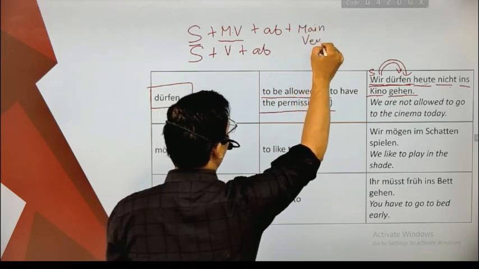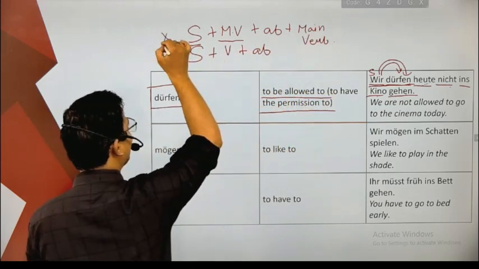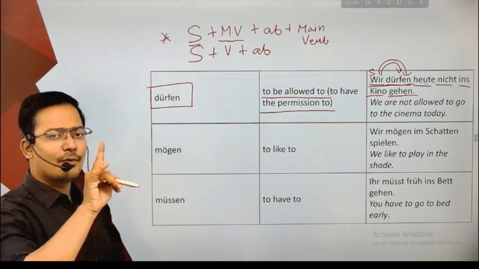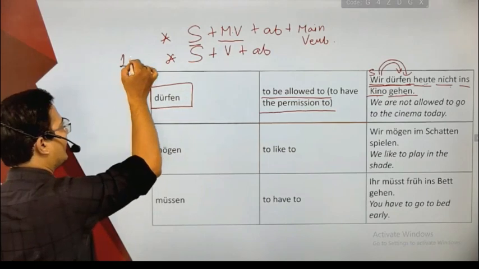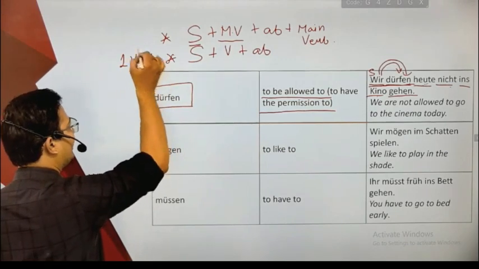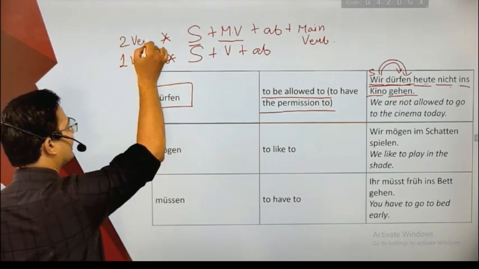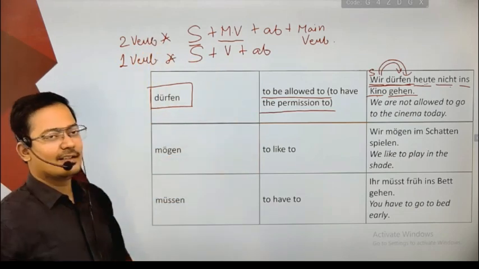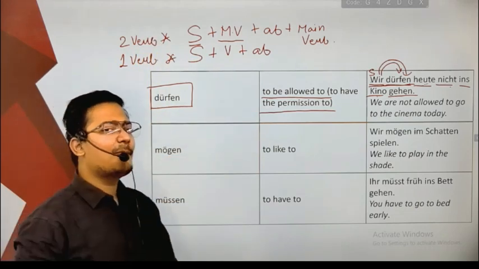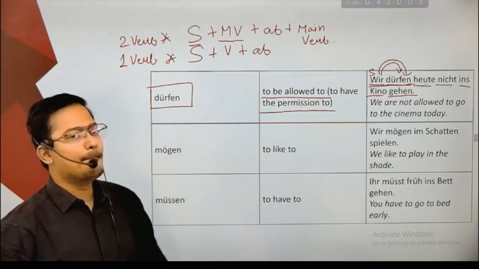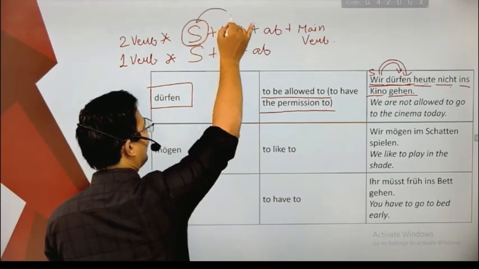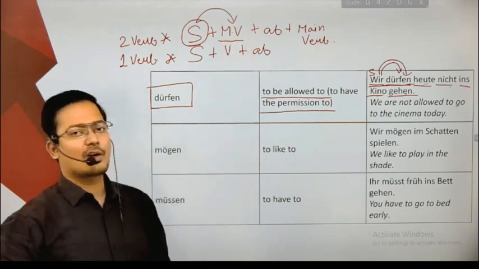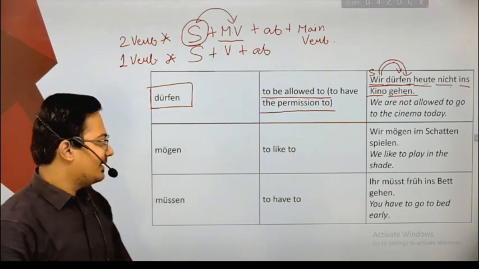If there is only one verb in the sentence, then this is the structure. If there are two verbs, then the structure is subject plus modal verb plus object plus main verb. The modal verb gets the second place and is conjugated according to the subject. See, again focus.